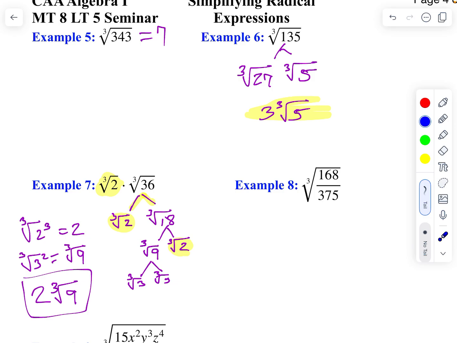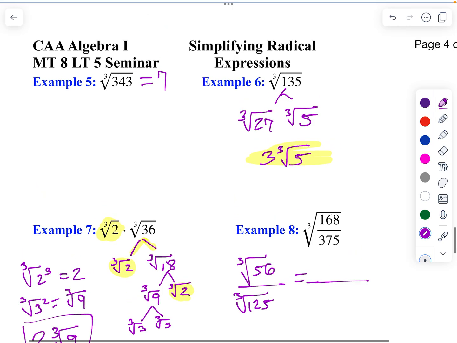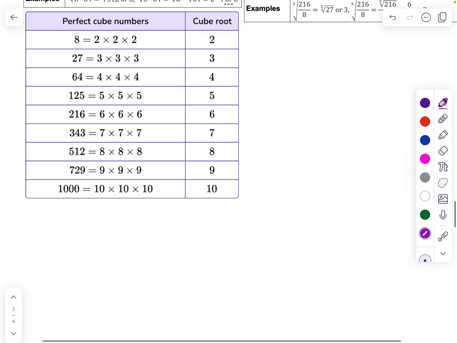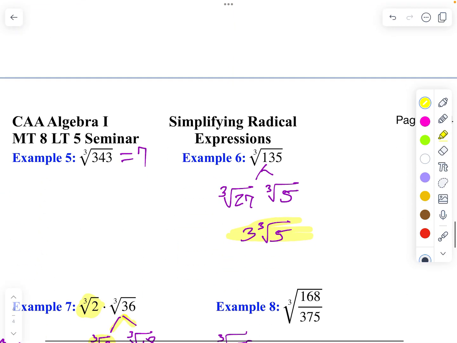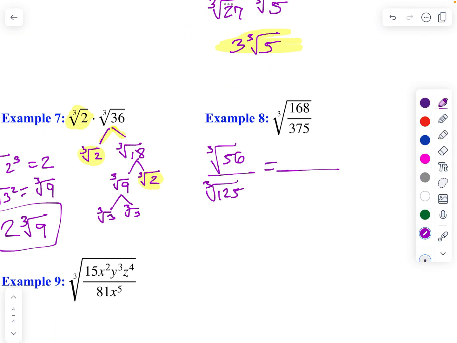And if I divide both of them by 3, I get the cube root of 56 over the cube root of 125. Well, from my table, I can see the cube root of 125 is 5. So I get plain old 5 there.